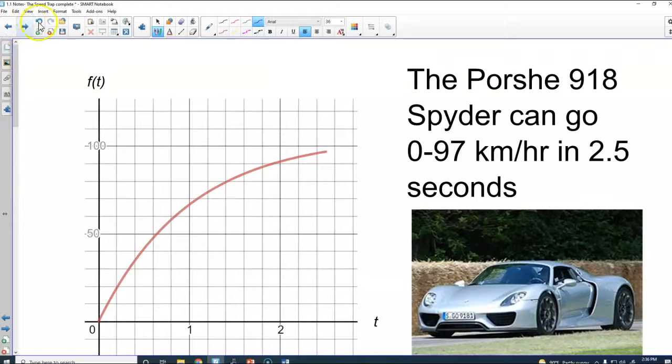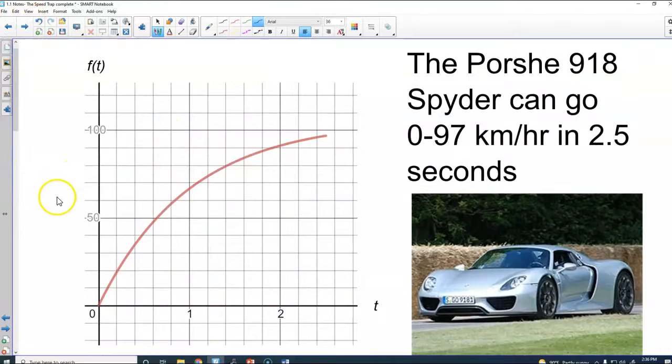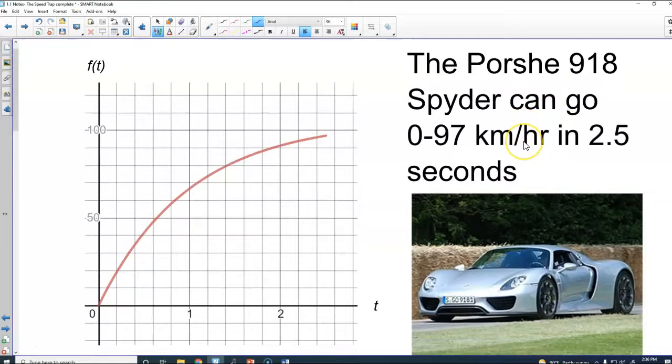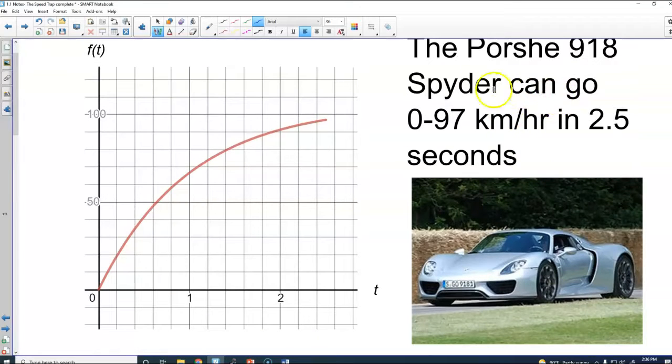So, let's look at this. The Porsche 918, which I just looked up. I don't know that much about these things because I prefer the minivan. But if we had one of these, it could go 0 to 97 kilometers per hour in 2.5 seconds.